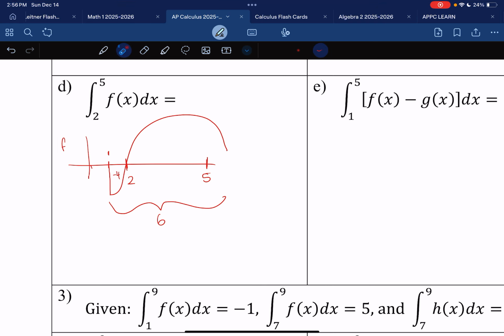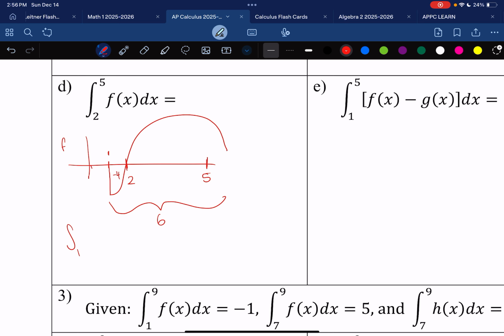And the question that this is asking is, hey, between 2 and 5, what is this area right here? And you use a little bit of logic. You say, okay, well, this number over here plus this number has to add up to 6. But there's a mathematical way that you can say that. You can say that the integral between, how do we want to say it? The total minus the piece, right?